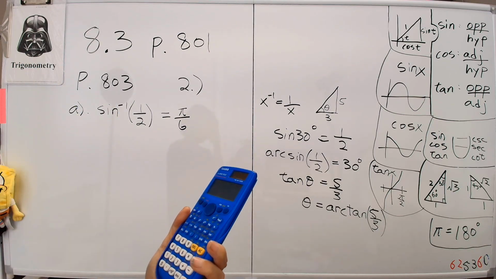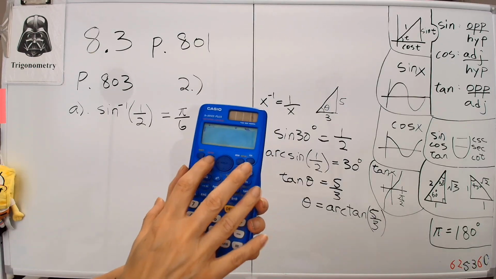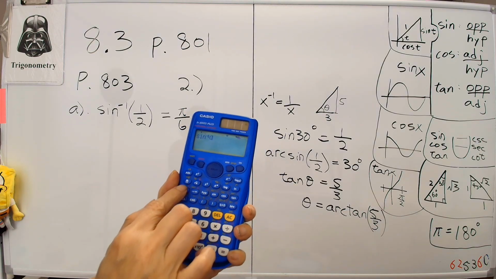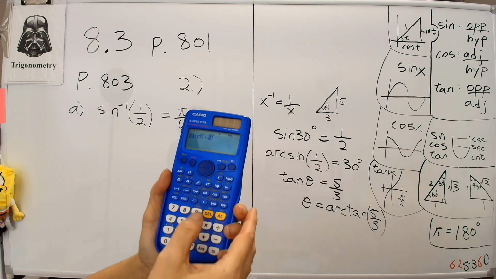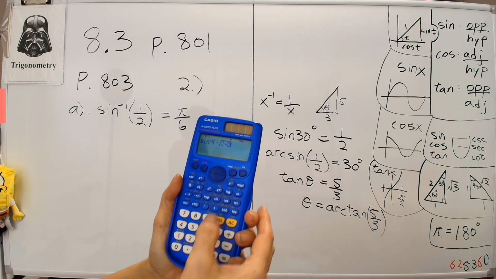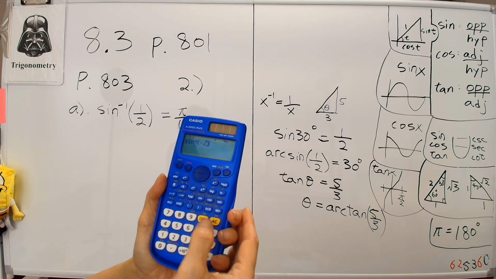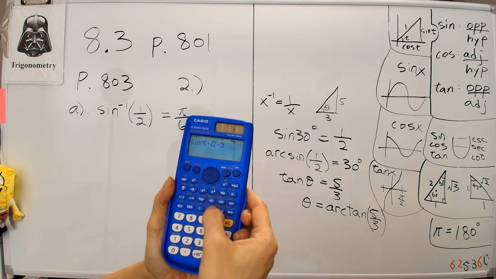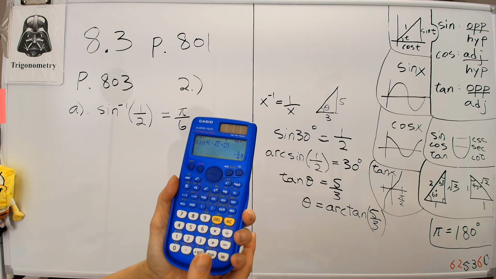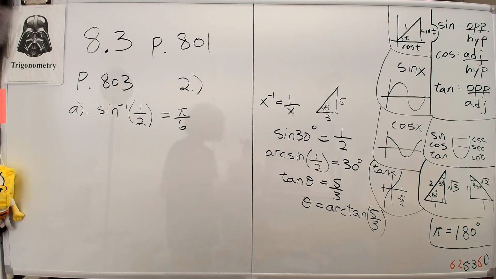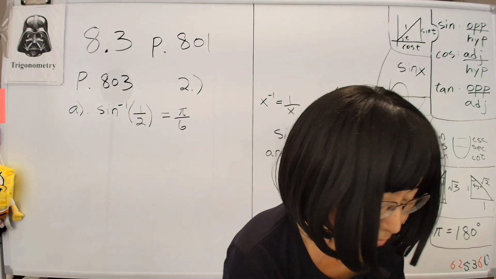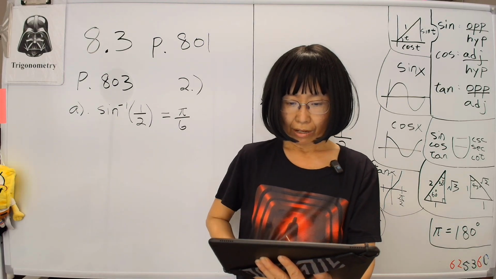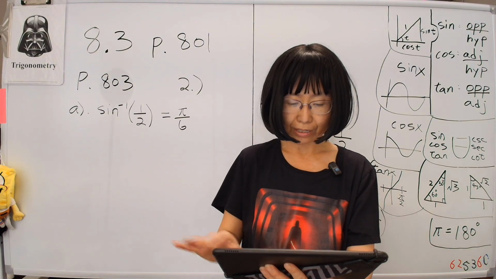To do this problem, we'll do sine inverse negative square root of 2 divided by 2. Nope, that's bad. I need to get out of the square root. There, divide by 2. See, that's much better. And then let's figure out what that is. That's minus a quarter pi. That is the answer. Let's see, is that right? Minus pi over 4. That's right.